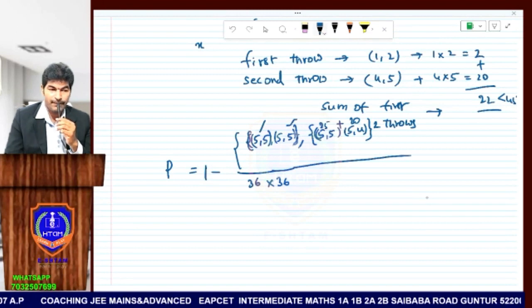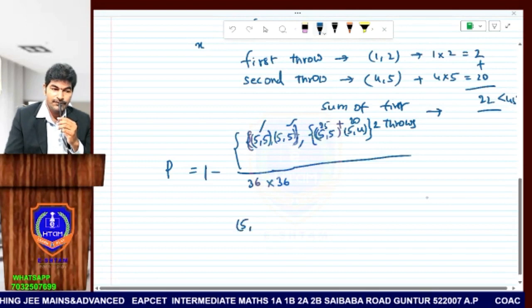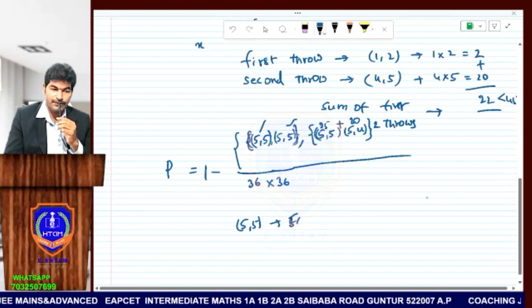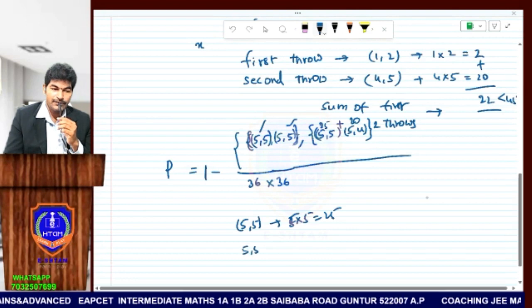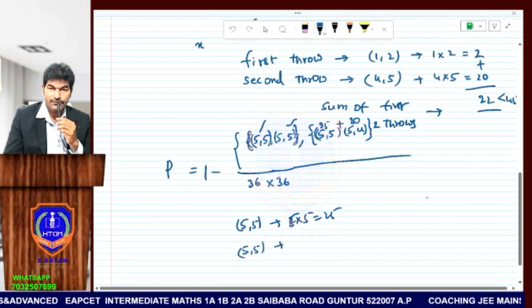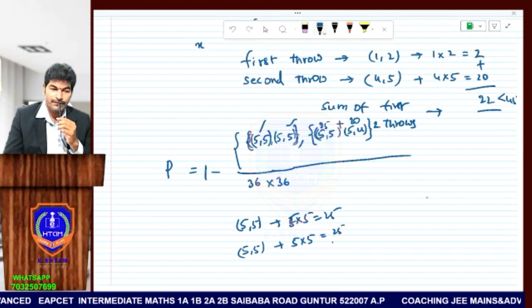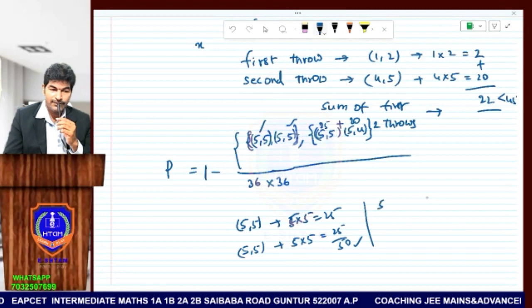The same happens for the second throw also, and that will be 50, 25 plus 25, because we should multiply together. 5-5 is 5 into 5, which is 25. And for the second throw also 5-5, again 5 into 5, which is 25. 50 was accepted.